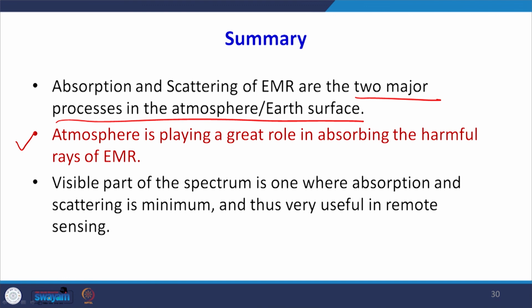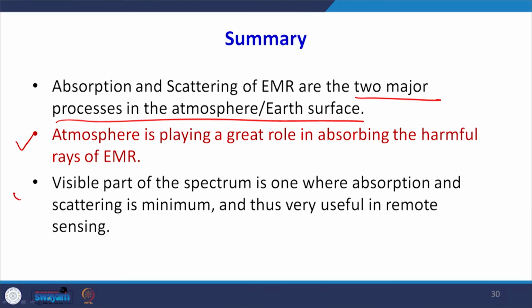All the harmful rays will be absorbed by the atmosphere itself, by the particles, dust, or the ozone layer which is present there. And the best part is the visible part of the spectrum, where the scattering is minimum and the absorption is also minimum.